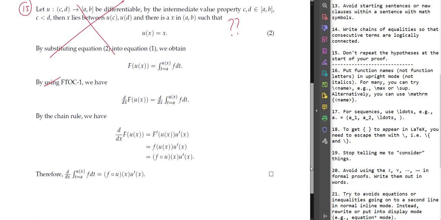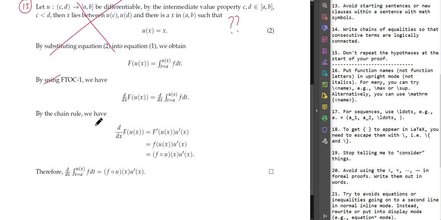Now you're saying by the chain rule, we have the derivative of F of u of x equals f prime of u of x times u prime of x, which is equal to, okay. Let's go back up a second. You're saying by FTC1 we have that this derivative equals that, but that's not FTC1.